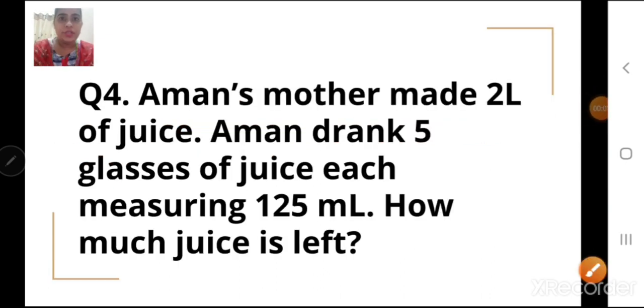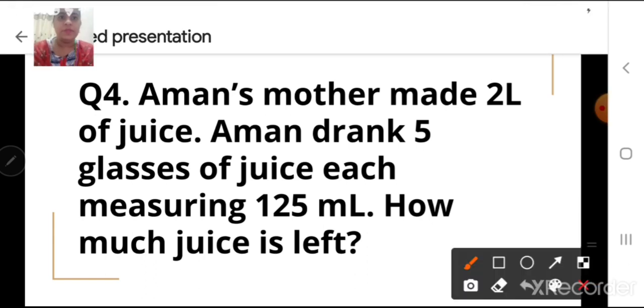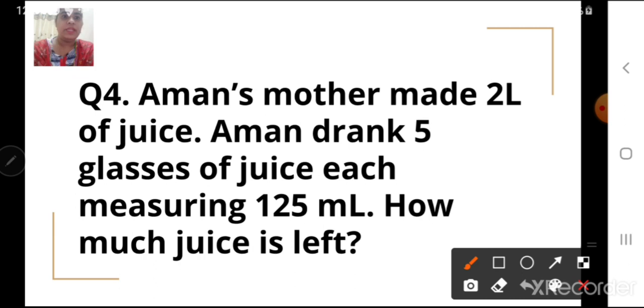Children, now take a new page and write question number 4. Aman's mother made 2 liters of juice. Okay, Aman drank 5 glasses of juice, each measuring 125 milliliter. How much juice is left? Okay, so let us understand the question here. Aman's mother made 2 liters of juice.